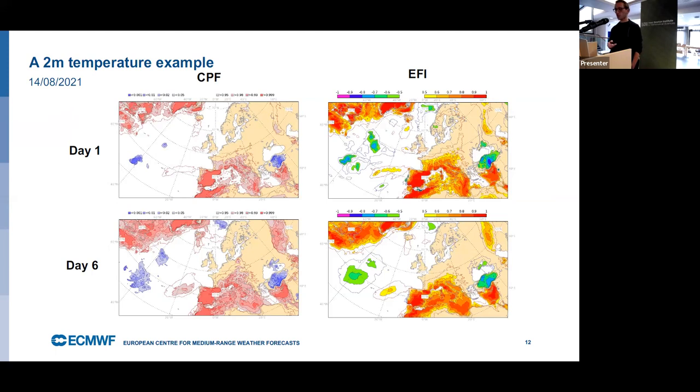And here we see very little difference between crossing point forecast and EFI at day 1 and day 7, and a good agreement even between forecasts at day 1 and day 7, whatever the product we are looking at, because the predictability in that case is much higher than for precipitation. And it's only when we look at week 2 forecasts that we see differences and some kind of complementary information between these two types of products.